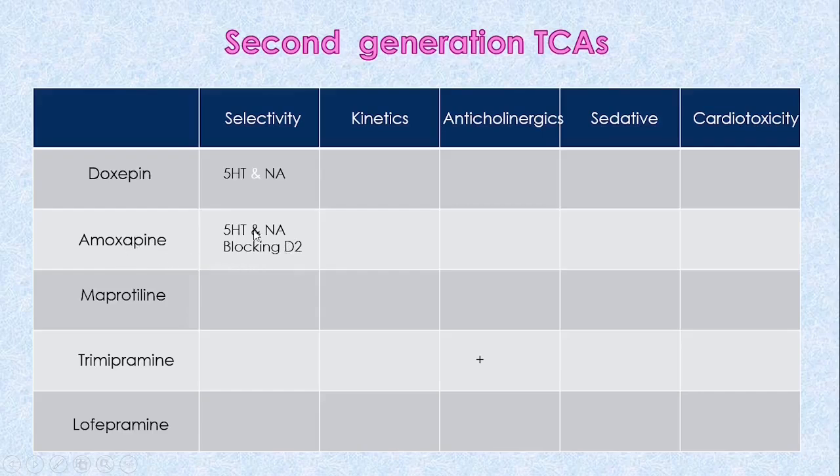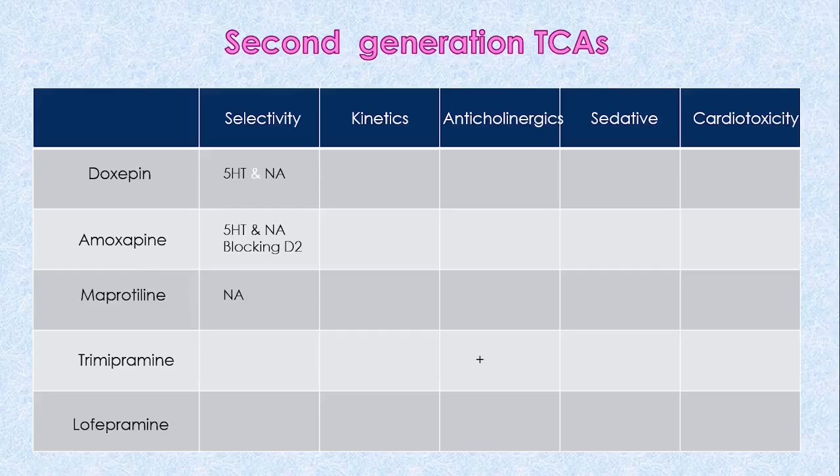Amoxapine inhibits the monoamine uptake, and it also blocks the D2 receptors. That's why it is applied in the treatment of depression as well as an antipsychotic. It will be a very effective tool in patients suffering from both mental disorders, psychosis and depression.